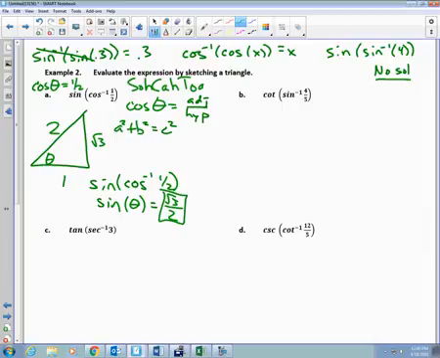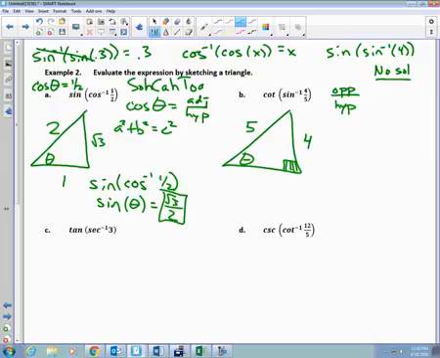Let's try another one. Sine is opposite over hypotenuse. So if I draw my picture, and I have theta, opposite is 4, hypotenuse is 5. Yep. So, how do I find the other side?